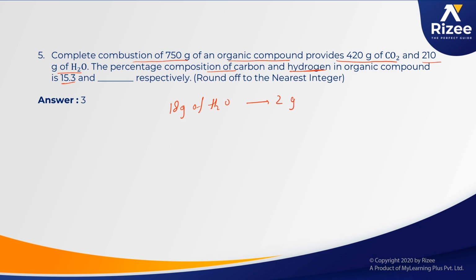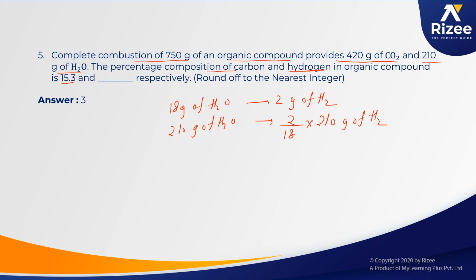How do we solve this? We know that 18 grams of H2O contains how many grams of hydrogen? 2 grams of hydrogen. So 18 grams of water consists of 2 grams of hydrogen. So 210 grams of water will contain 2 by 18 into 210 grams of hydrogen.